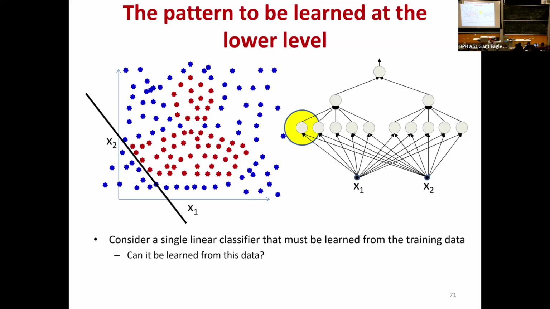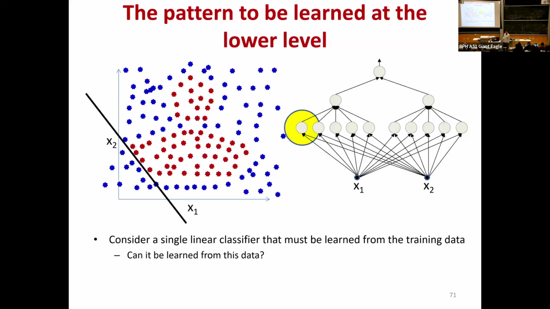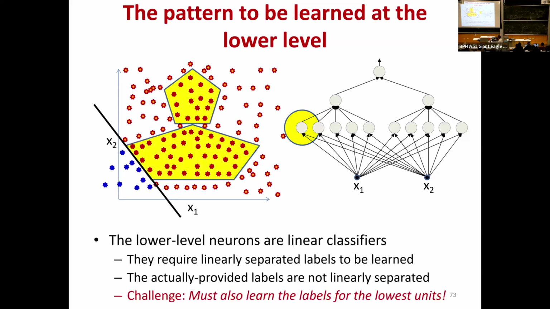Does that make sense? So for the individual classifier, this labeling will not work. The individual classifier will need this kind of labeling, which is not given. And so we actually have to figure out how to relabel the data in order to learn this classifier.